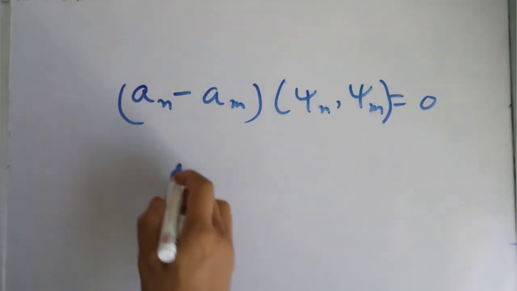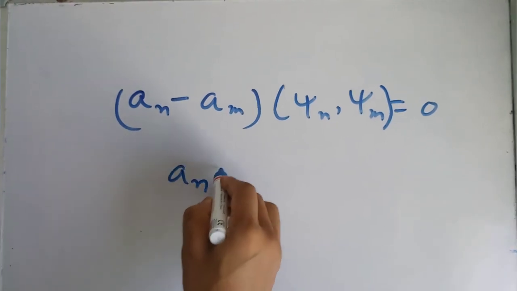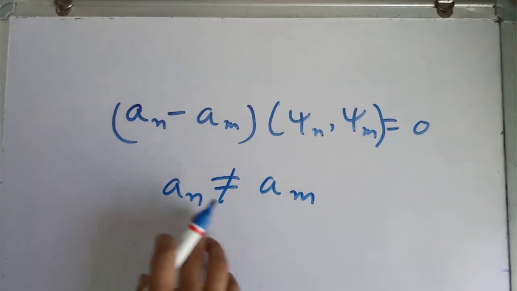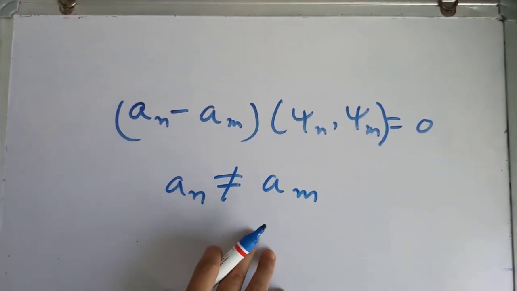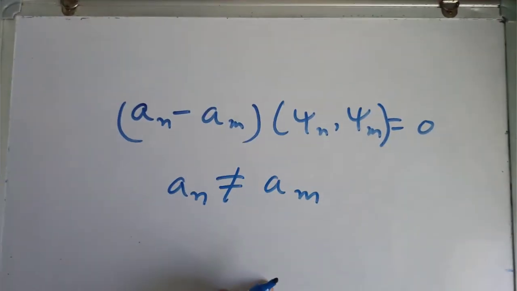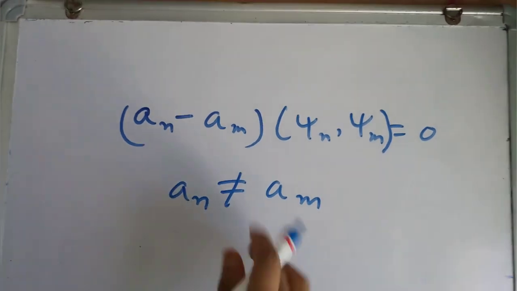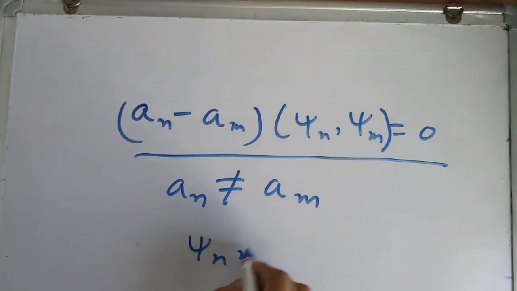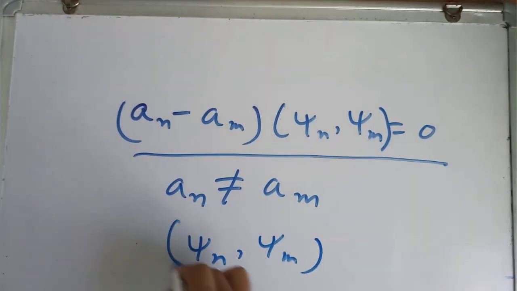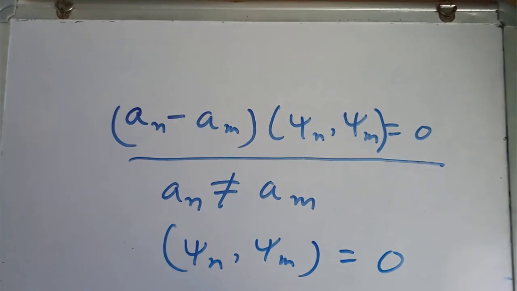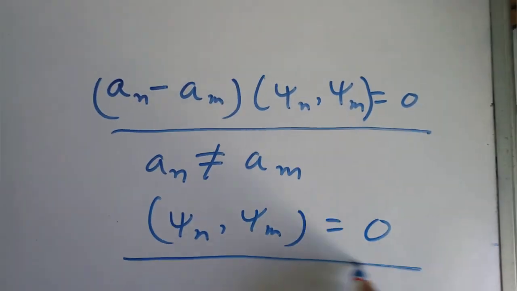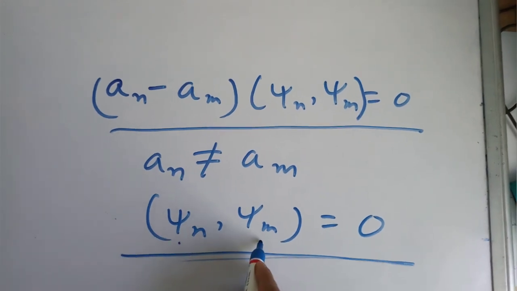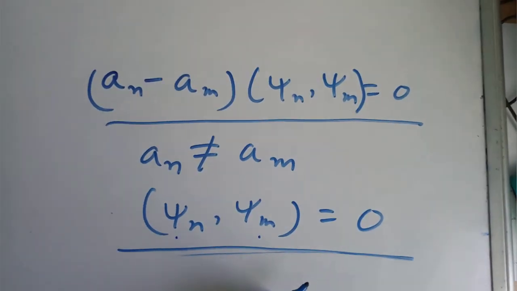As we know, a n is not equal to a m, because they are two different eigenvalues associated with two different eigenfunctions. So to satisfy this equation, this product must be equal to 0. This shows that the eigenfunctions psi n and psi m are orthogonal to each other.